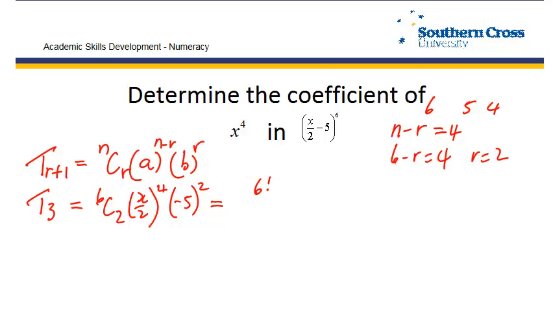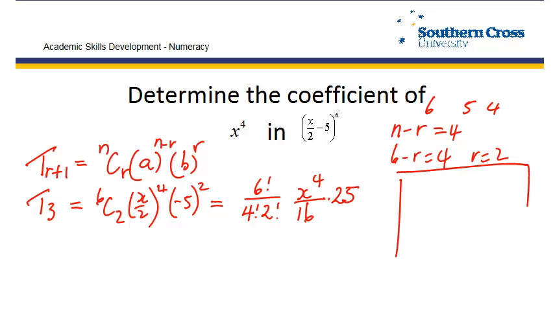That will be 6 factorial over n minus r factorial, which is 4 factorial, times by r factorial, which is 2 factorial. And I'll keep going with the rest, so that will be x to the 4 over 2 to the 4, which is 16, times by negative 5 squared, which is 25.